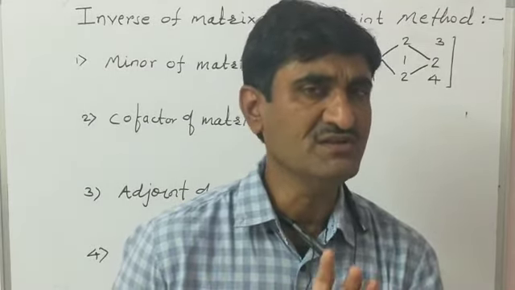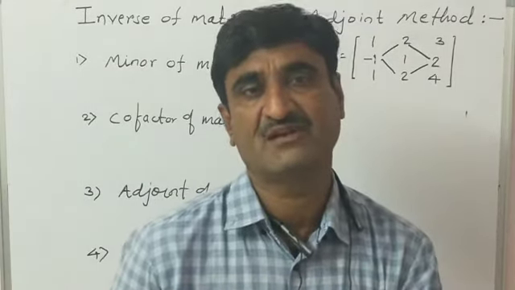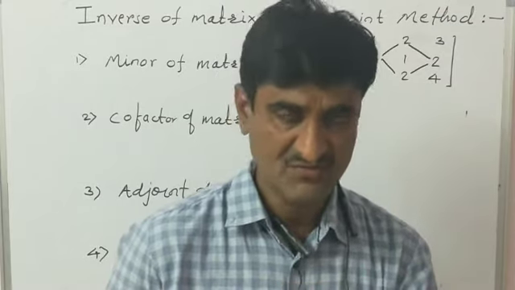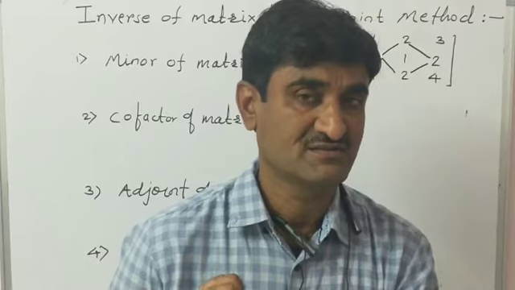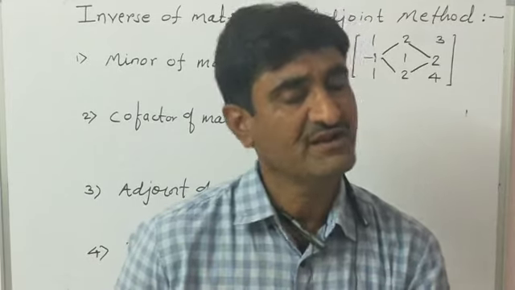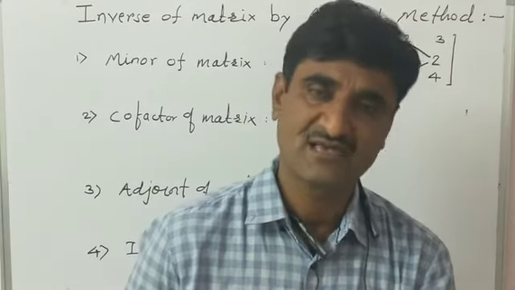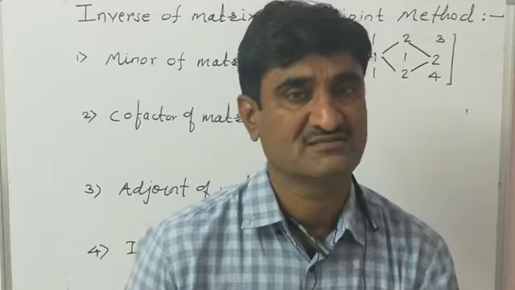So only the sign of these 4 elements changes after multiplying by the coefficient. When we find the cofactor, only for these 4 elements does the sign change, and the remaining elements keep the same sign. In this way we find the cofactors.